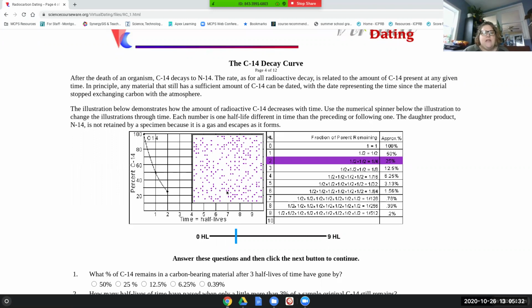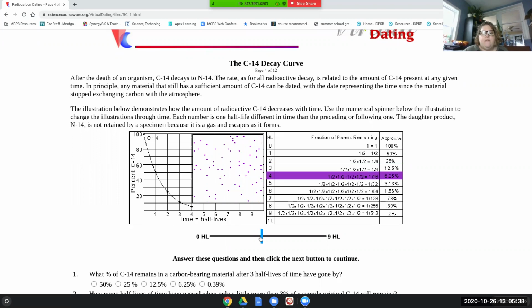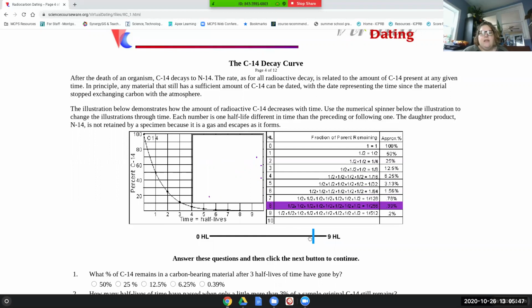And notice there's less in this box. 3 half-lives, 4 half-lives, 5, 6, 7, 8, 9. So it's getting close to 0, but it will never reach 0. It just keeps getting smaller and smaller, more decimals. So we're going to use this information in the chart and the graph to answer the questions below.